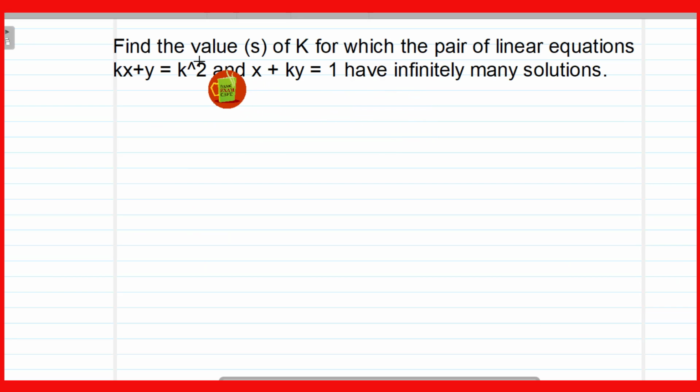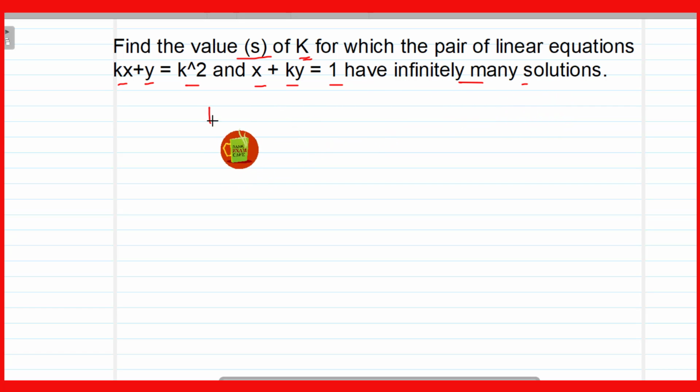Here is the question on the screen: find the value or values of k for which the pair of linear equations kx plus y is equal to k square and x plus ky is equal to 1 have infinitely many solutions.